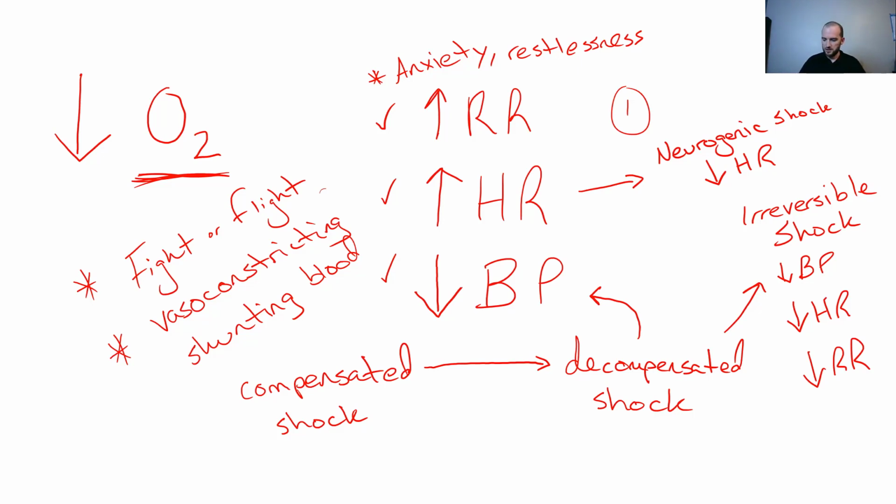If you're reading a scenario and your mind is thinking shock, and then you see a low heart rate, that should be like a big giant red flag that does not make sense. Because we would expect that the heart should start pumping faster to try to help with this compensation, right? To try to help keep the body going.